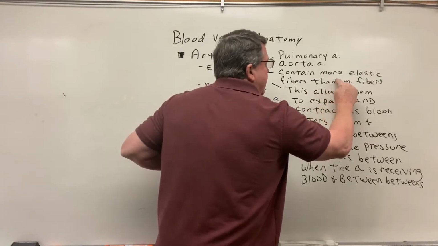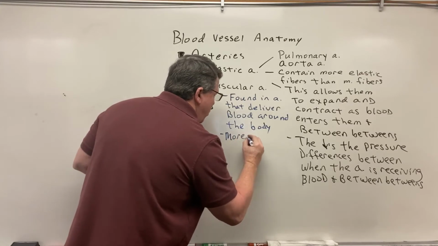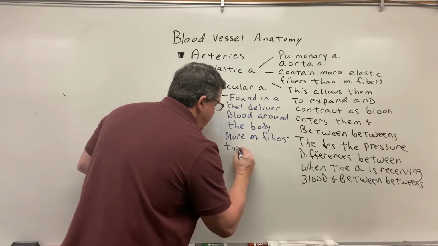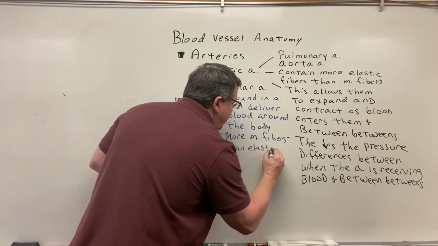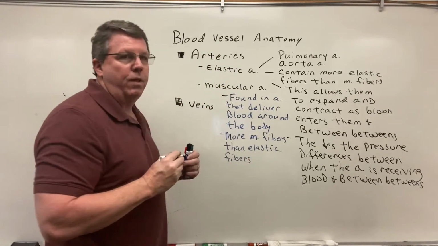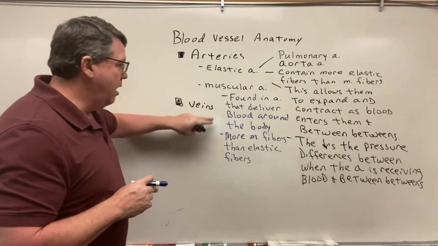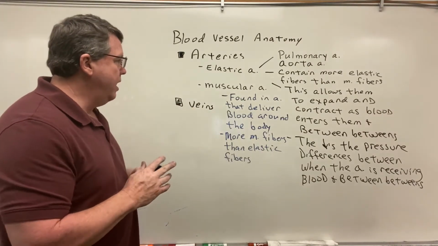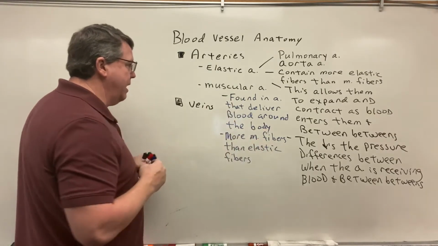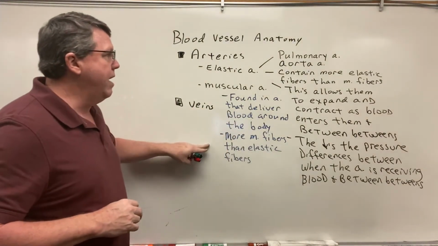Oh, I just realized I misspelled that. All right, so this has more muscle fibers than elastic fibers. And the reason for that is because it can control the blood pressure. You're going to see in a little bit that we have muscle that can actually make these open and close. So there's more muscle fibers than elastic fibers, and they're found in arteries that deliver blood around the body.